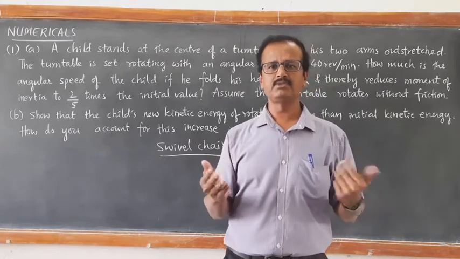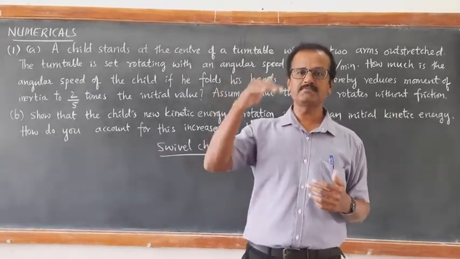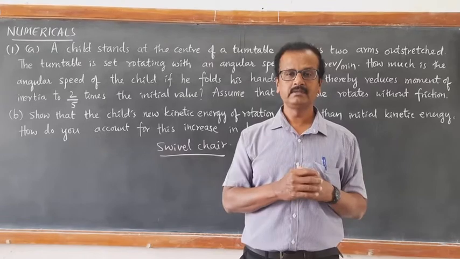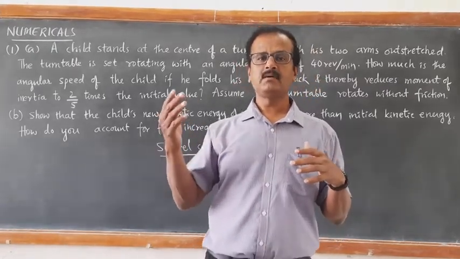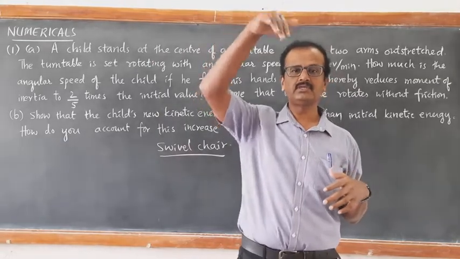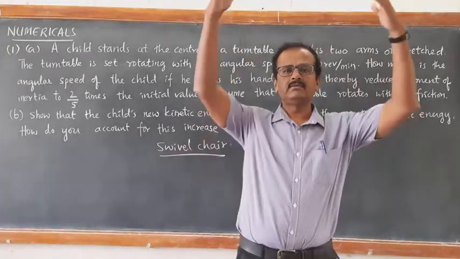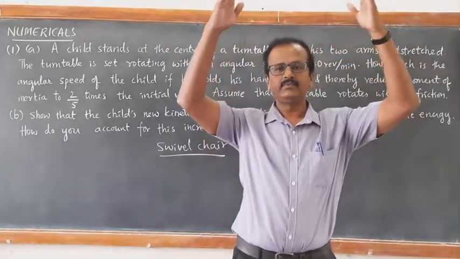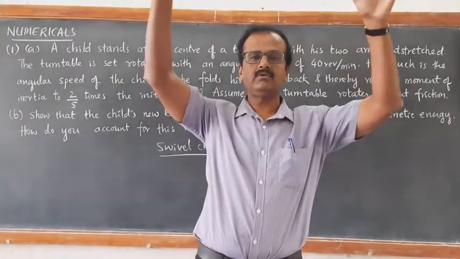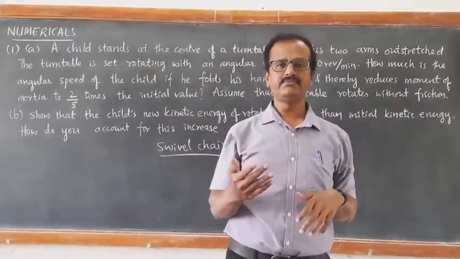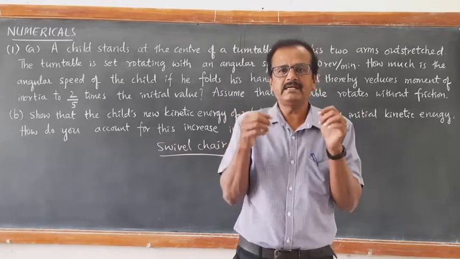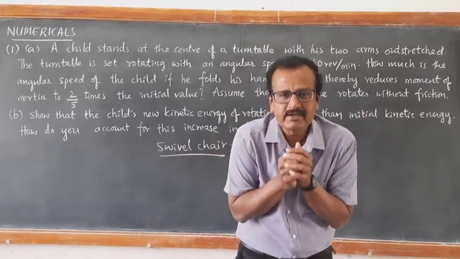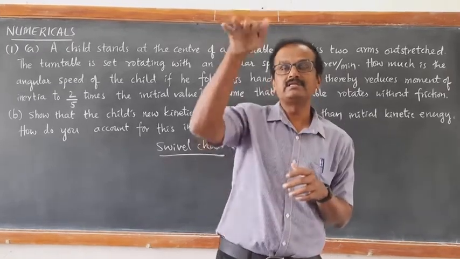Same thing you might have observed in the somersault jumps in swimming. You must have observed several events of jumping into the swimming pool from a very great height. When they jump from a tall height, if they want to have a somersault, they will bring their hands and legs close to their center of gravity, close to their body during their jump.